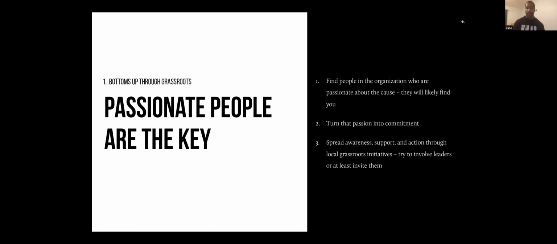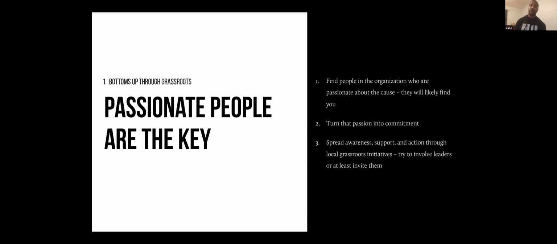There are going to be some times where the person at the top is very passionate about diversity and inclusion and able to push that down. But we've seen through whether it's the data or actual reality that that's not usually the case. Passionate people are the key. So if you're passionate about this and want to make a change, find people in the organization who are passionate about the cause. And usually they will likely find you.